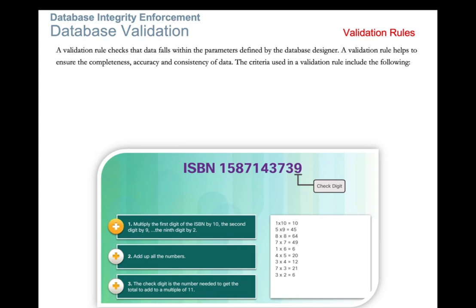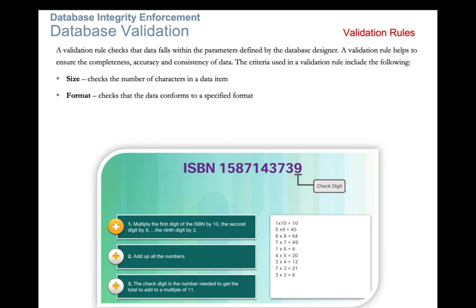The criteria used in a validation rule include the following. Size, that checks the number of characters in a data item. The format, that checks that the data conforms to a specific format, text format or integer format or floating format, so different data types.